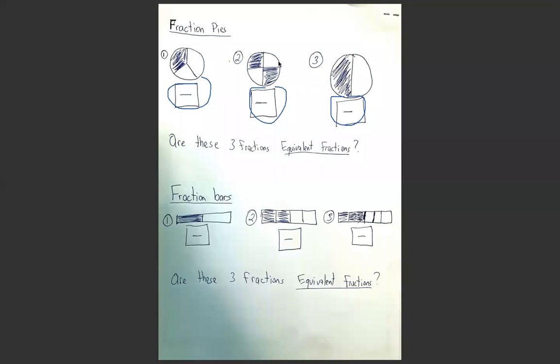Mr. McGee, Justin. What is the square down there? Those are called bars. They're similar to the pie. These are pie fractions. These are bar fractions.